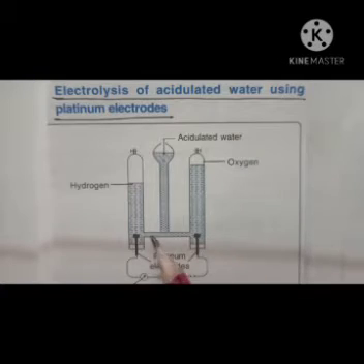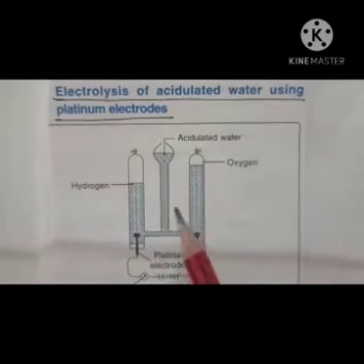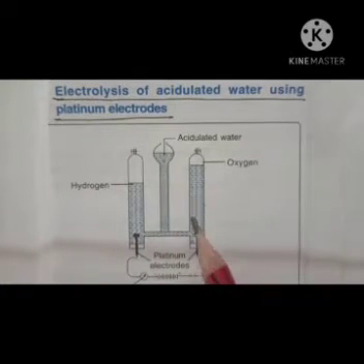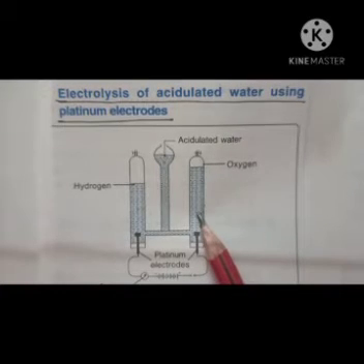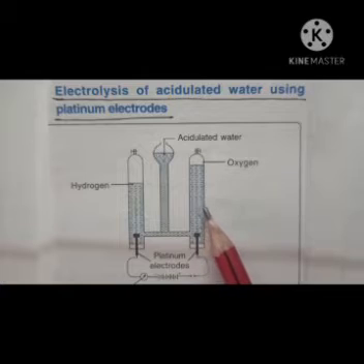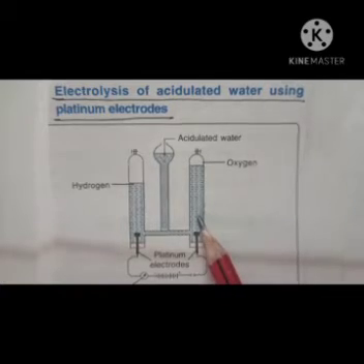Okay, now next we do the electrolysis of acidified water. For the process of electrolysis of acidified water, we use platinum electrodes, right? And the electrolytic cell used in this process is called Hoffman's voltameter. What is it called? Hoffman's voltameter.